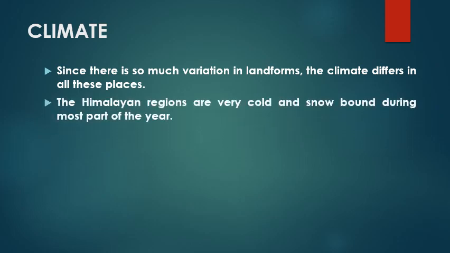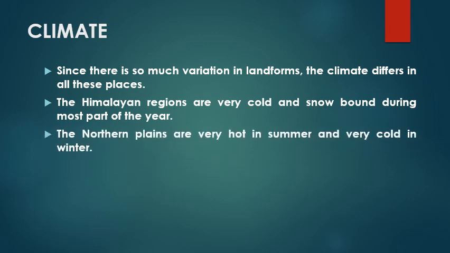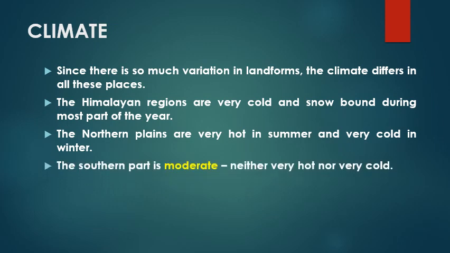The Himalayan regions are very cold and snowbound during the most part of the year, as you saw in the picture also. The northern plains are very hot in summer and very cold in winter. The southern part is moderate. Moderate means neither very hot nor very cold.